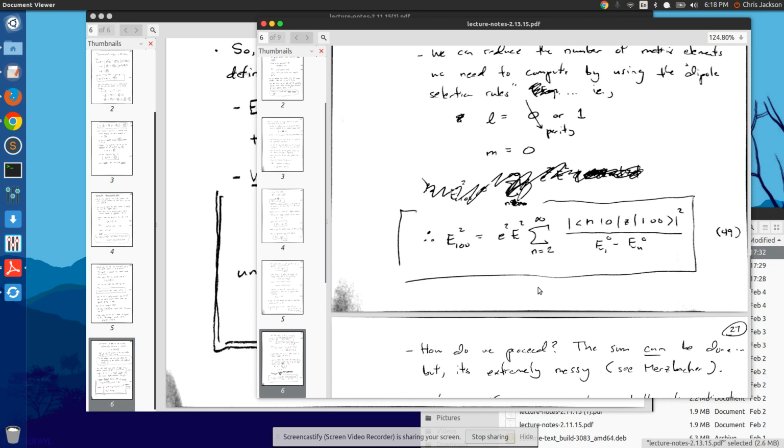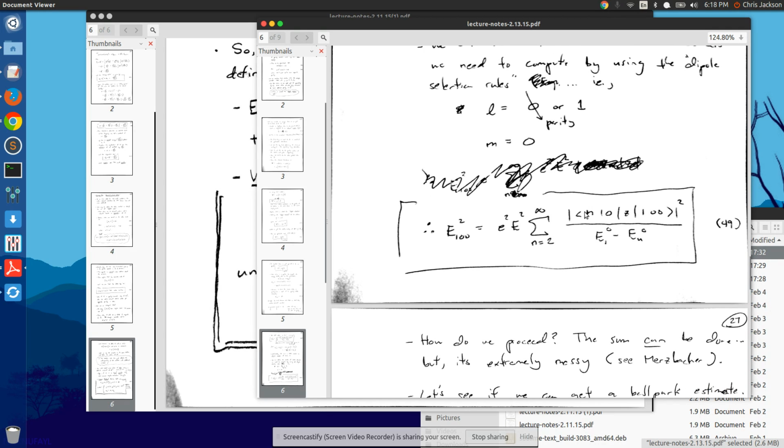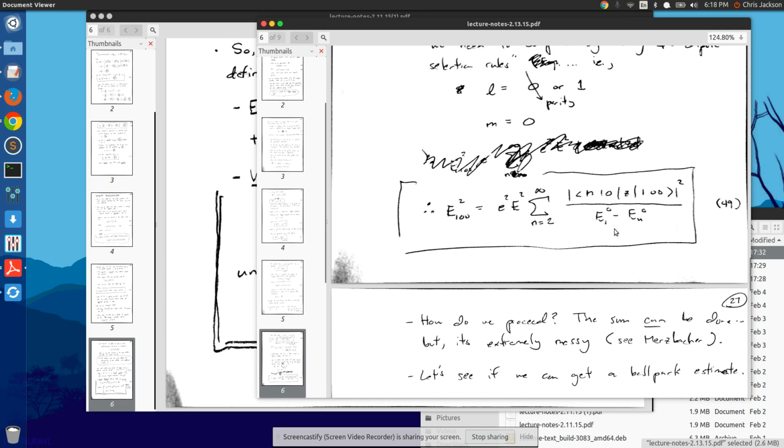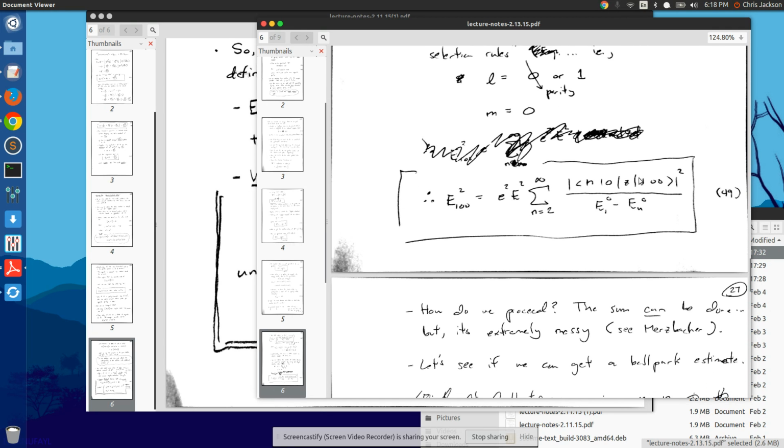Likewise, you could get the same thing by imposing the Wigner-Eckhart theorem. So we've narrowed it down to these matrix elements. Instead of summing over generalized L and M, we at least know what L and M are.